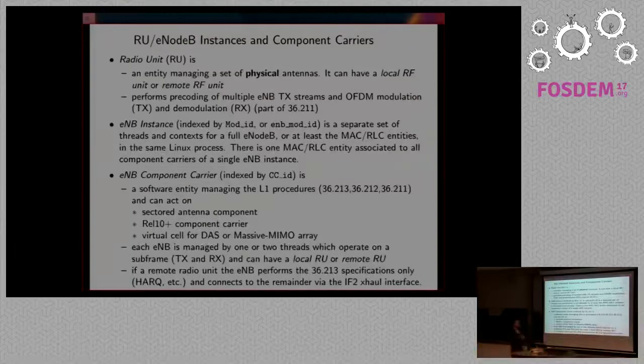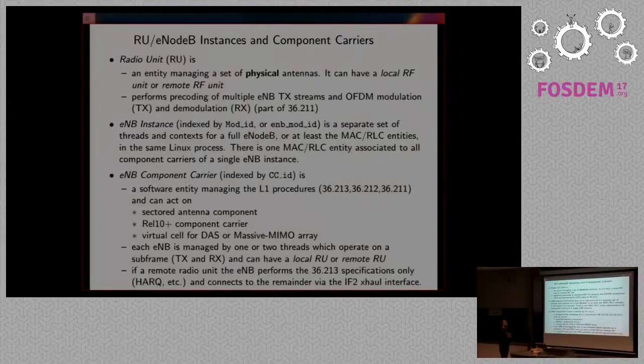Okay? It does the conversion from frequency to time on the transmit end, and from time to frequency on the reception end. The instance of the protocol stack is a separate set of threads and contexts which implement the procedures of the base station. So it's a notion of processes, right?